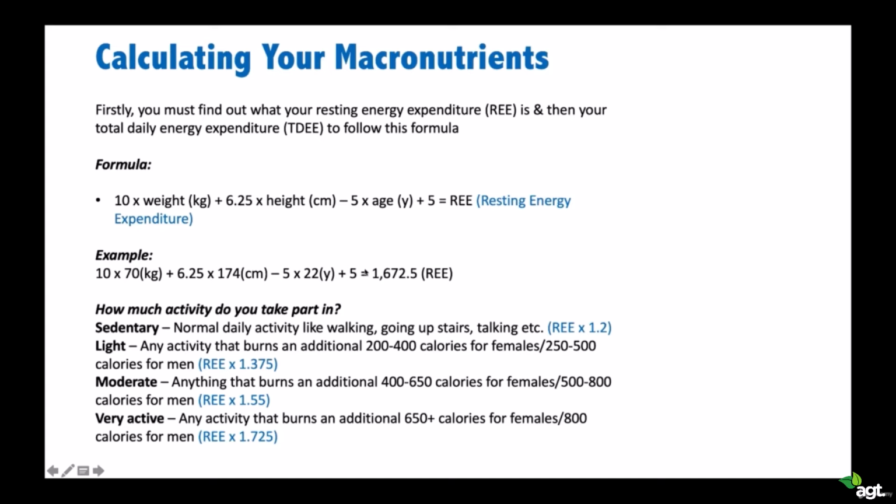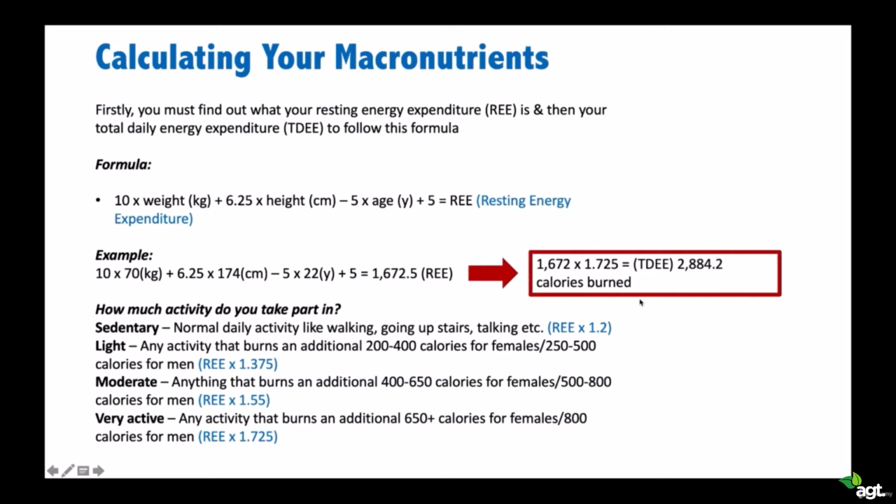So in this case, for this guy, it's 1672.5, and then we multiply it by a number, depending on which category you're in. So if you're in moderate, you've got to times your REE by 1.5. If you're very active, you've got to times it by 1.725, and so on and so forth. You get the gist. So in this example, our guy is very active.